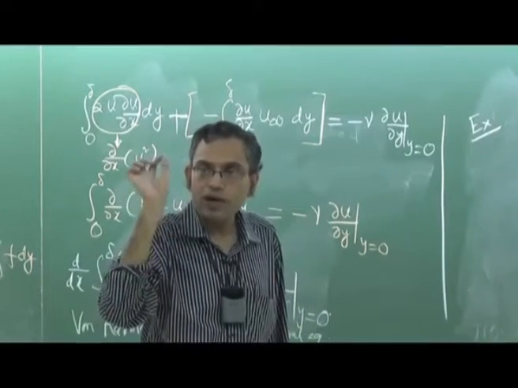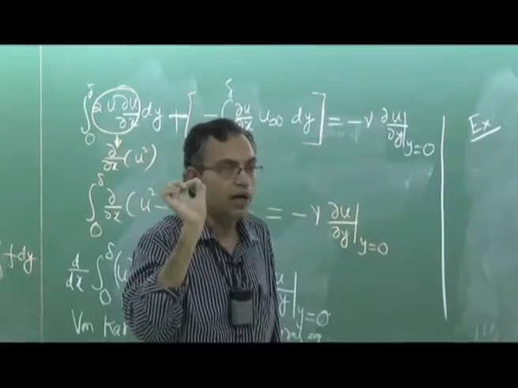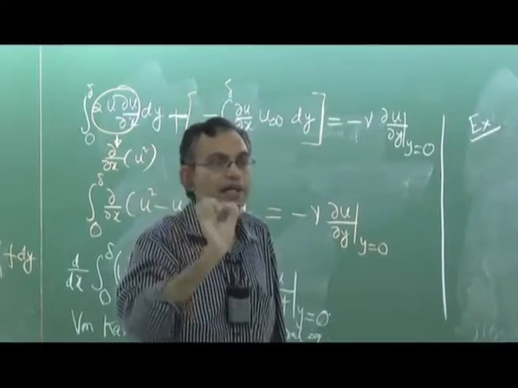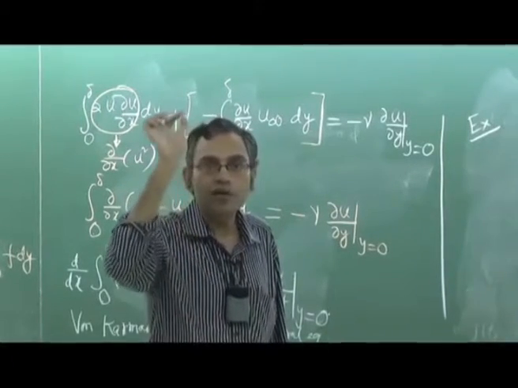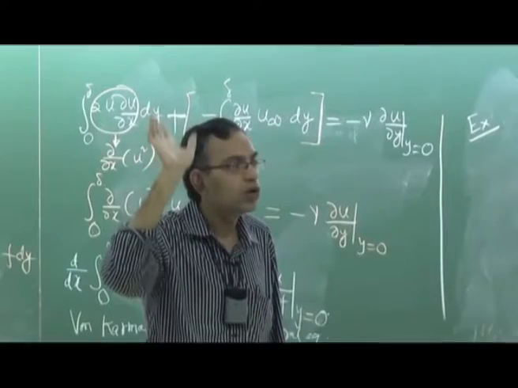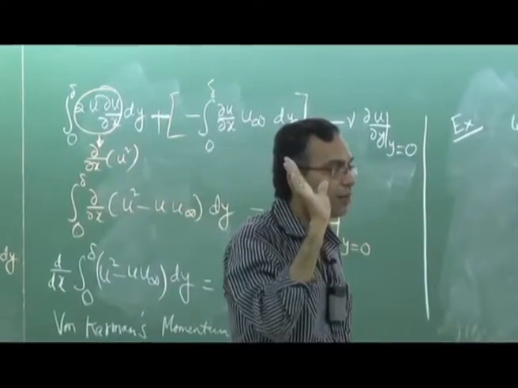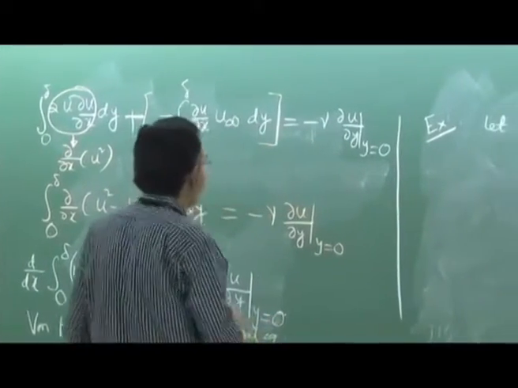First is at y equal to 0, u equal to 0, no slip boundary condition, and the second is at y is equal to delta, u equal to u infinity. These are the basic boundary conditions. So let us write that.